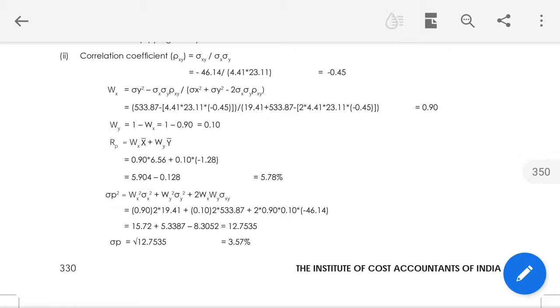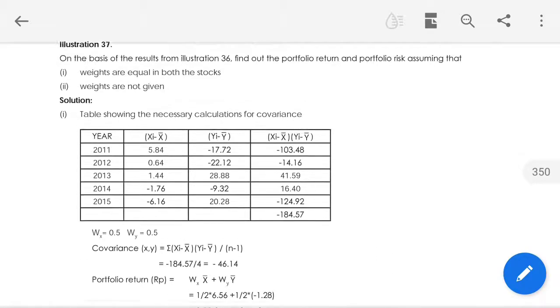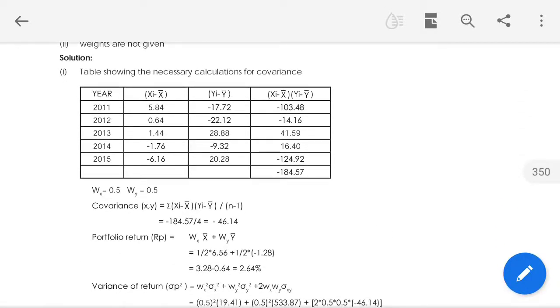When we invested 50% in stock X and 50% in stock Y, the expected return on the portfolio is 2.46.